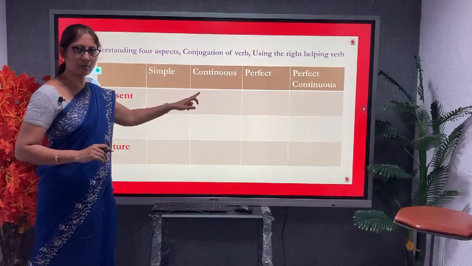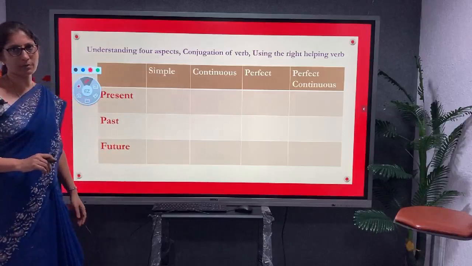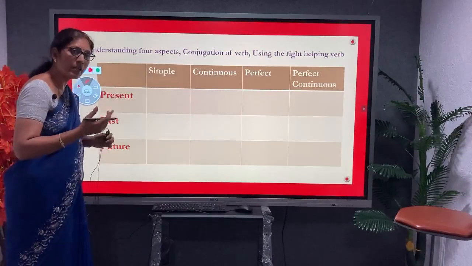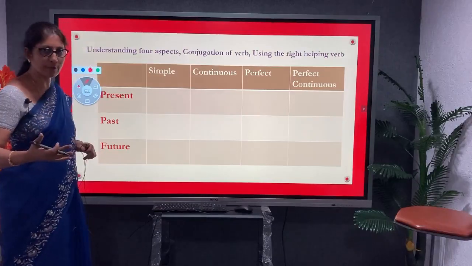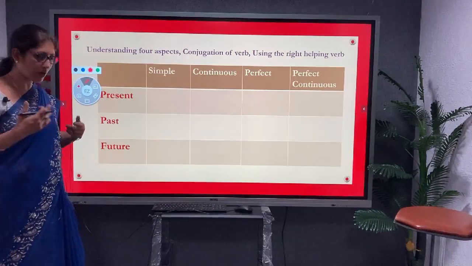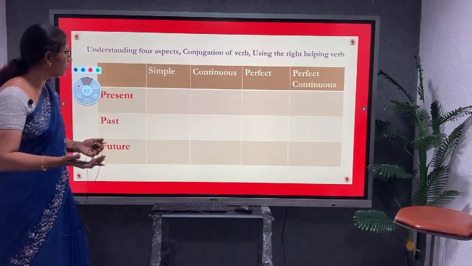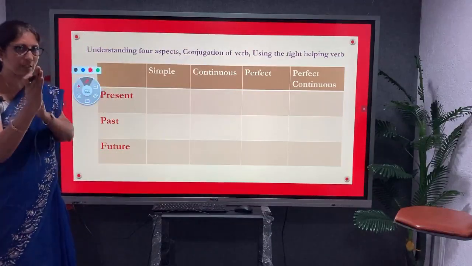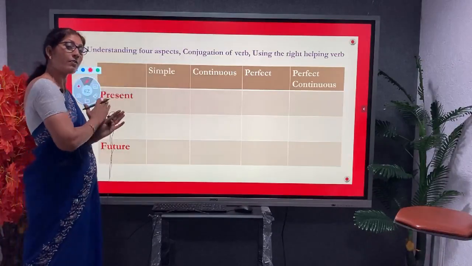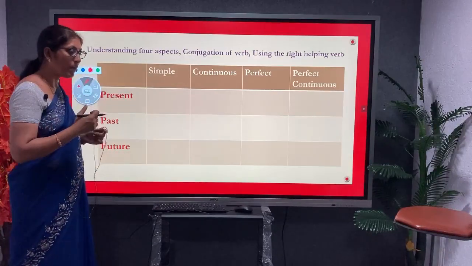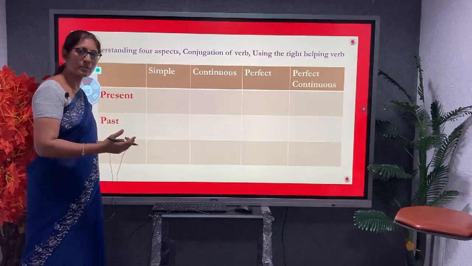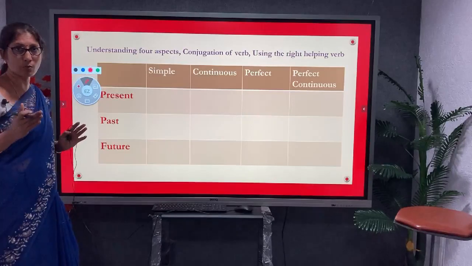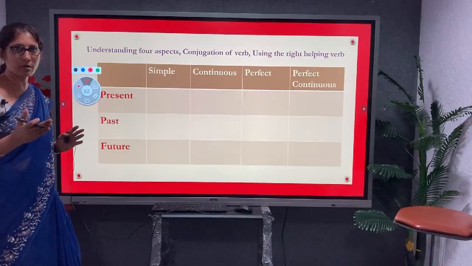Present continuous, okay, it has 2 different forms. That means 2 different actions. That means when anything is going on at the time of speaking, that very well known one, I am taking the class, okay. So that will be expressed in present continuous. That is one phase of the present continuous. Another phase is maybe not at the time of speaking, but the action is going on. That means when anybody asks you, what are you studying, right?